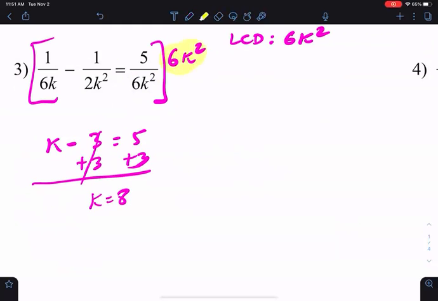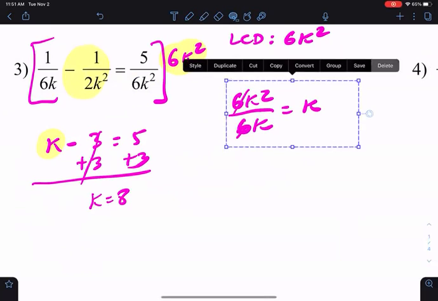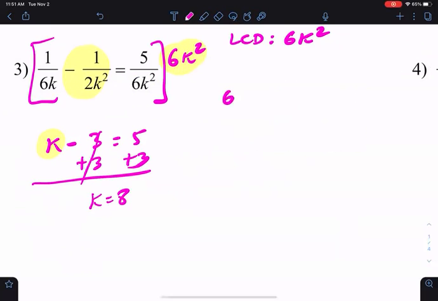Basically, I did this times this, so 6k squared over 6k. This cancels and you get k to the first power. So that's this one right here. Then you do this times the middle term, so you get negative 1 over 2k squared times 6k squared. The k squared cancels with this. 6 divided by 2 is 3, but you have the negative in front, so that's the negative 3 that I get from here.